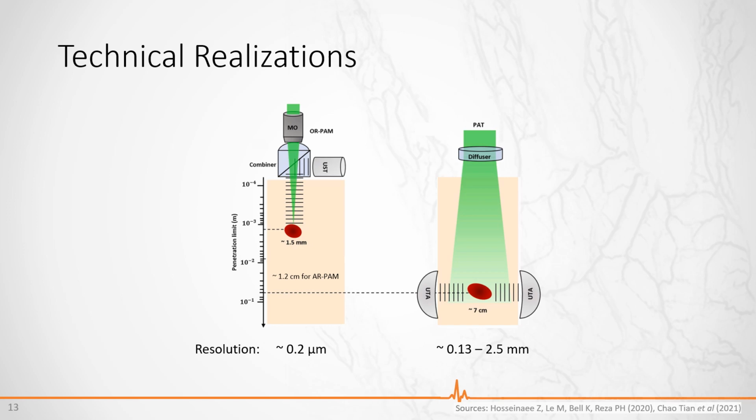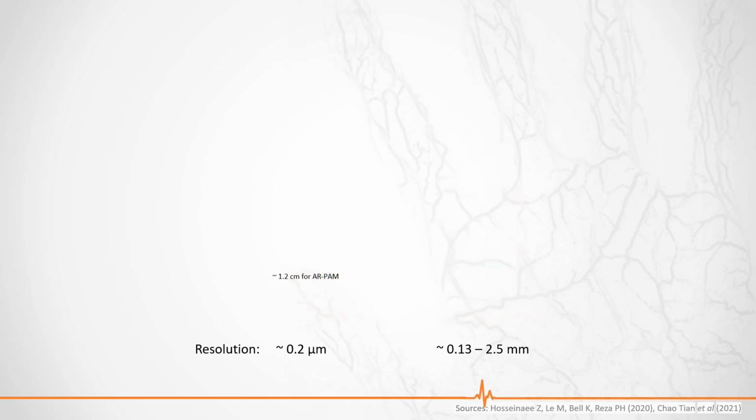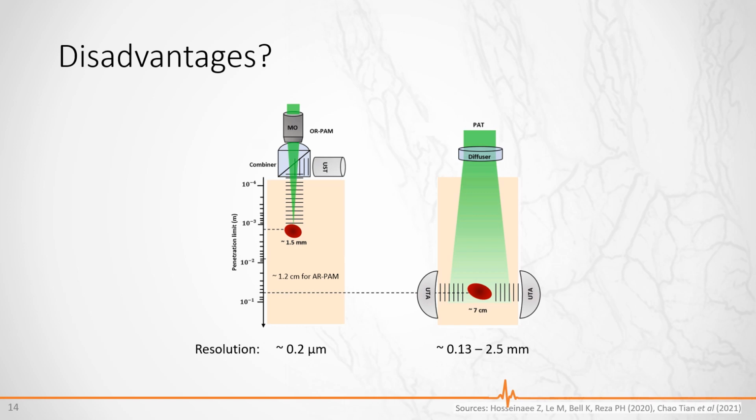Since I want to offer a critical review, let us also have a look at the other constraints of these. One limitation arises from the need to be in physical contact with the sample through a coupling medium.